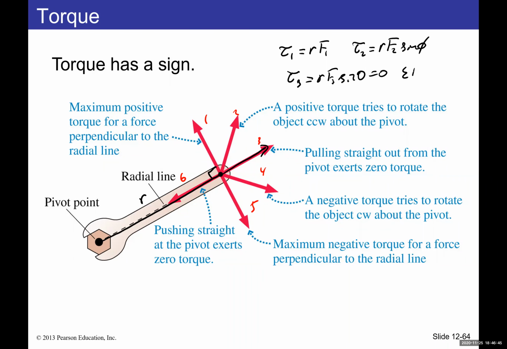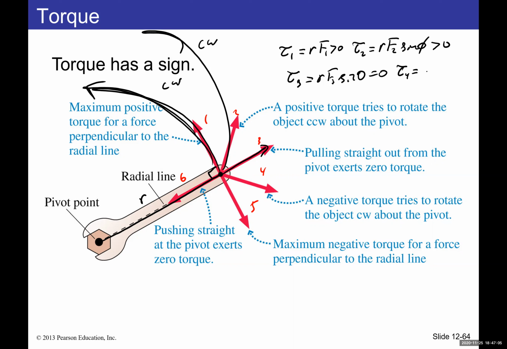Let's look at torque 4. By the way, you can also see that 1 gives us a sensation of rotating this counterclockwise. 2 is also rotation counterclockwise. So this is positive, and this is positive. Torque 3 is 0.